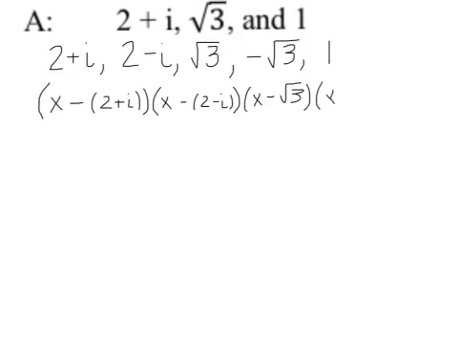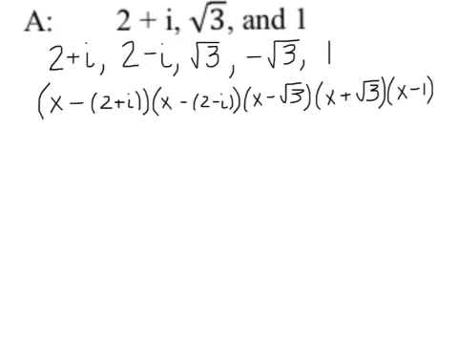This one will be x plus the square root of 3, since it was a negative up there. And the 1 is positive, so it'll be x minus 1. So you always have to remember to use the opposites when you're putting them in. Since the square root of 3 was positive, we did a minus. Since the negative square root of 3 is negative, we do a plus. And the 1 is positive, so we do a minus.